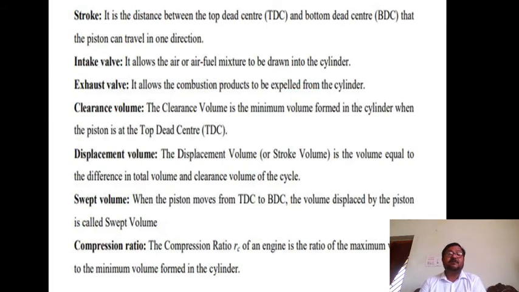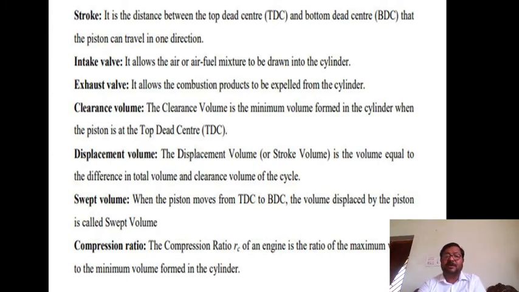Swept volume, and one more, the compression ratio. Clearance volume is the minimum volume formed in the cylinder when the piston is at top dead center, meaning the volume remaining in the cylinder even though the piston is at top dead center. And the compression ratio of an engine is the ratio of the maximum volume to the minimum volume formed in the cylinder.